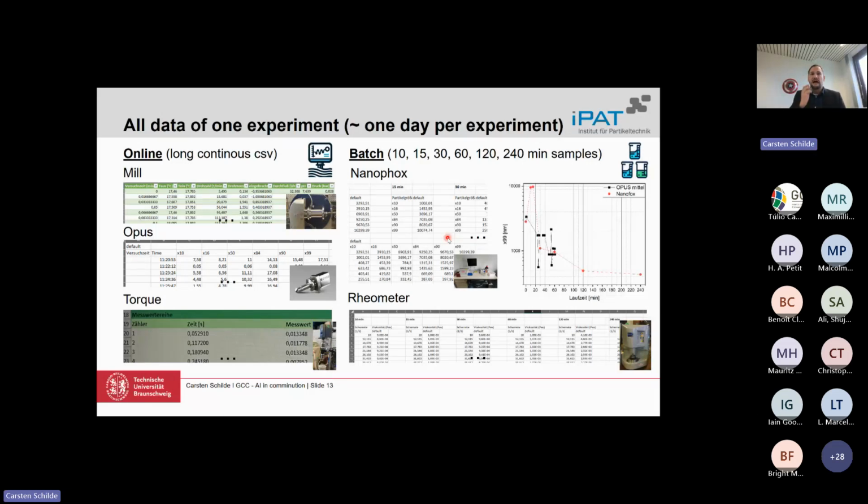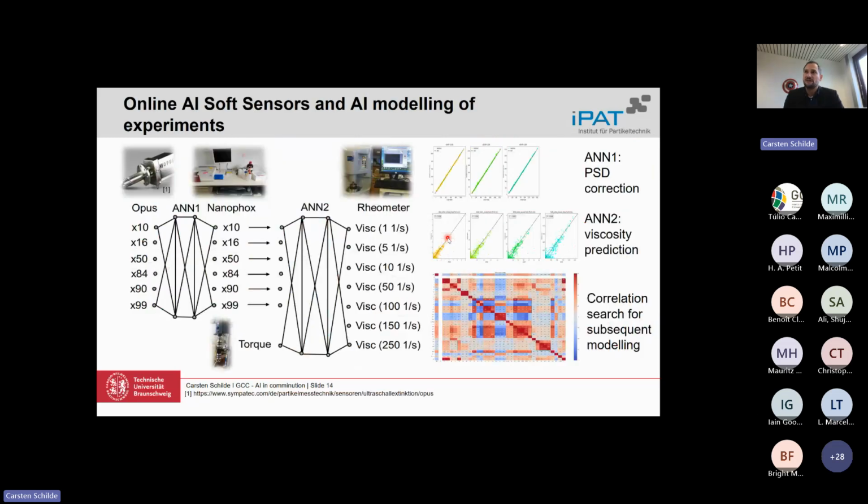What we did afterwards, we are now using the Opus values, which we get online as a kind of soft sensor, with x10, x16, x50, and so on, all these values, and we translate them to the Nanofox, thereby getting the real particle size distribution within our online system.